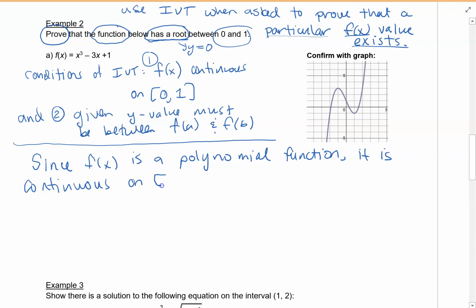We indicate a closed interval with brackets. You always want to start by mentioning continuity. On the intermediate value questions, if you don't mention continuity, then you lose a point. You've got to begin with the condition.